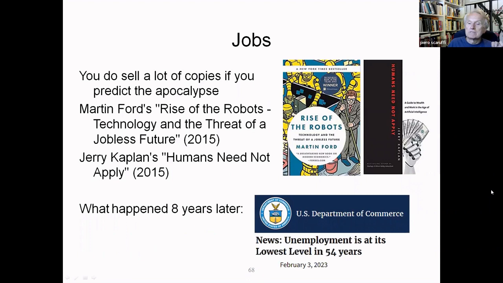These are some of the books, and the people who wrote these books got rich by predicting the apocalypse. Unfortunately, people buy books that predict the apocalypse. What happened 8 years after the publication of those books? Well, guess what? Record unemployment. We have so many jobs, never had so many jobs.